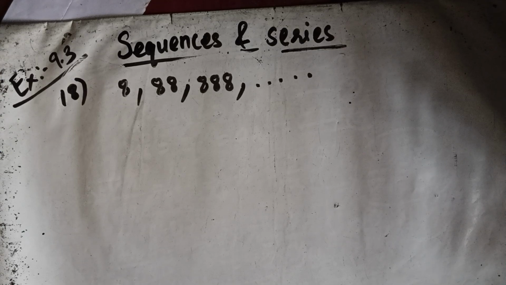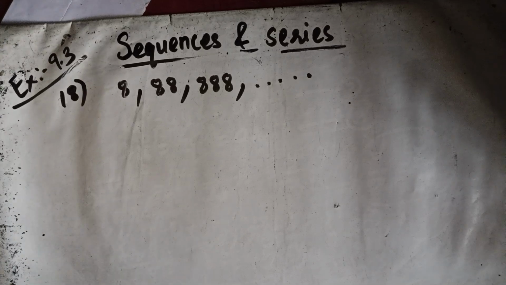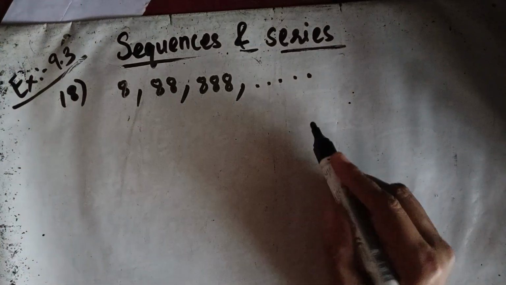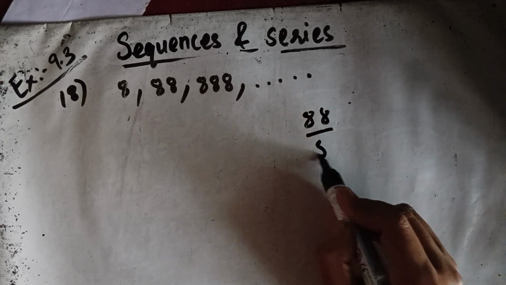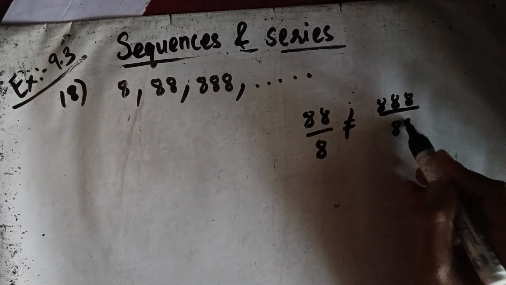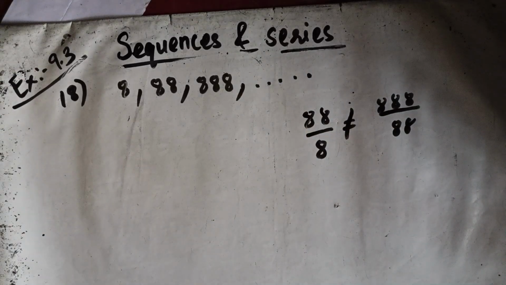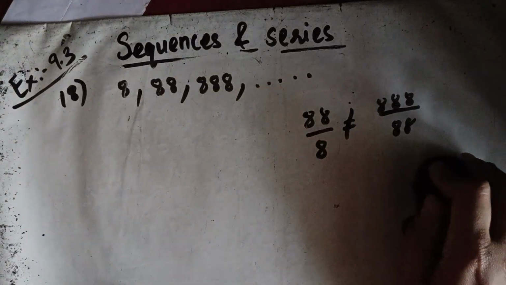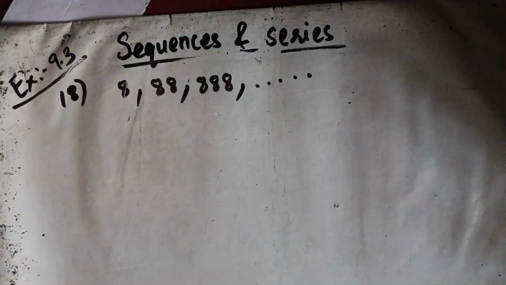We have to determine first whether it is a GP or not. How do you determine a GP? You have to look for the ratio. The ratio is not the same. So this is not a GP.